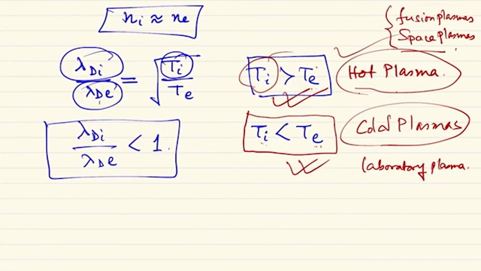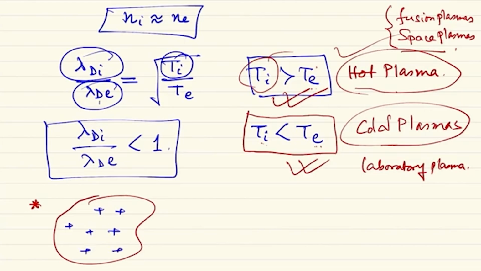This is the concept of plasma frequency. As I just said, quasi neutrality is guaranteed beyond one time scale and one length scale. So now let's say you have a system with positive ions and negative electrons.